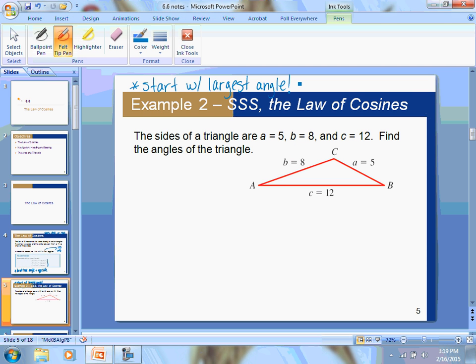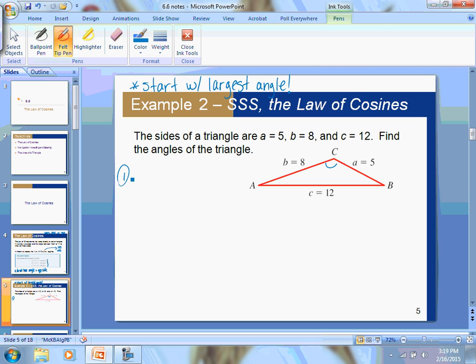Now, if you're looking at these measurements and this picture and thinking, how do I know which is the largest angle? Hopefully you remember that large angles are across from large sides, and medium angles are across from medium sides, and small angles are across from small sides. So if I'm going to start this problem, I have to find angle C first because that's going to be my largest angle.